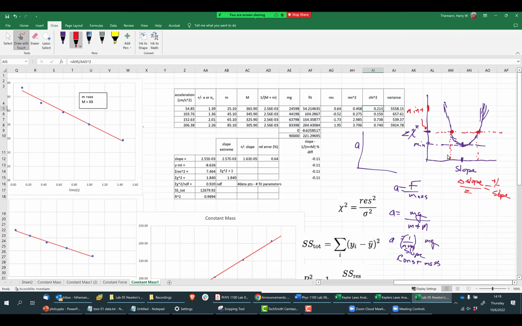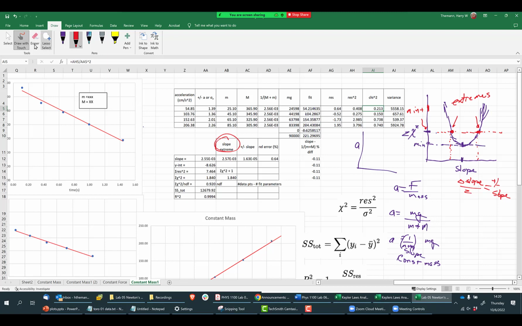So what we're going to do is call these two red points extreme points. And then you see that over here, I've created them with my fit parameter table. So those are my two extremes.